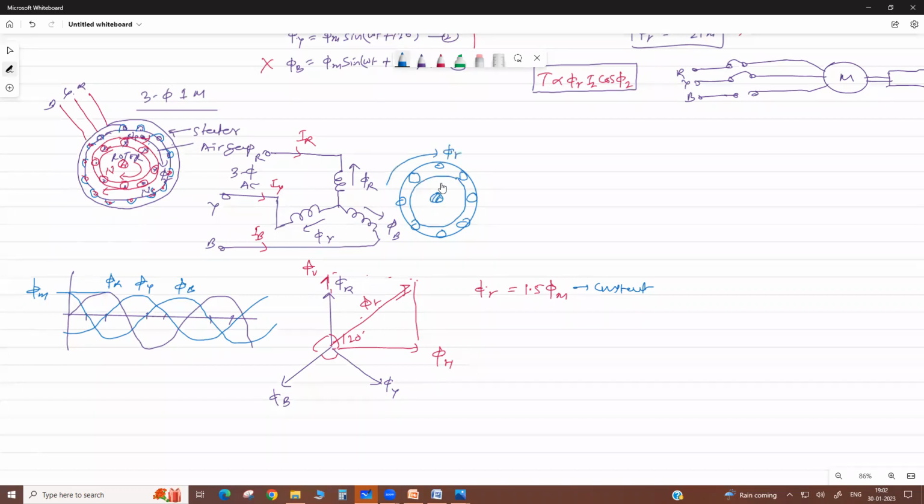Now a current is induced in these conductors, like this: in half outward and in half inward. So a torque is produced this way, and then it starts to rotate in the same direction but at less than the synchronous speed. Got it?